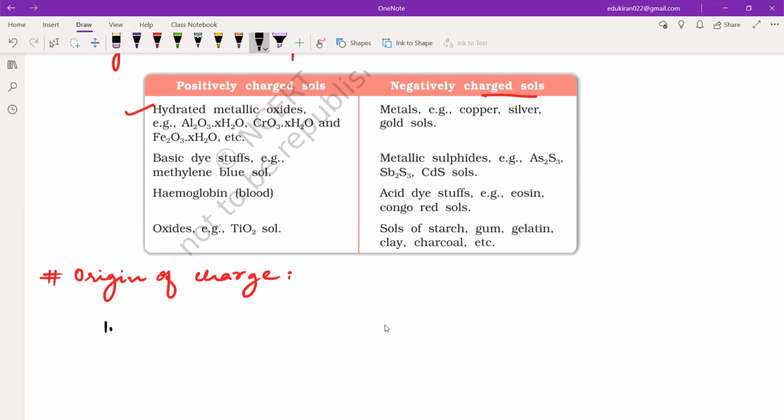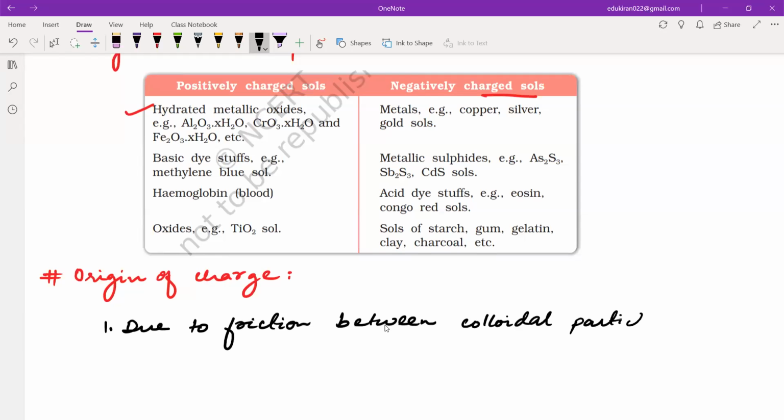So static charges form due to friction between the colloidal particles and the dispersion medium.